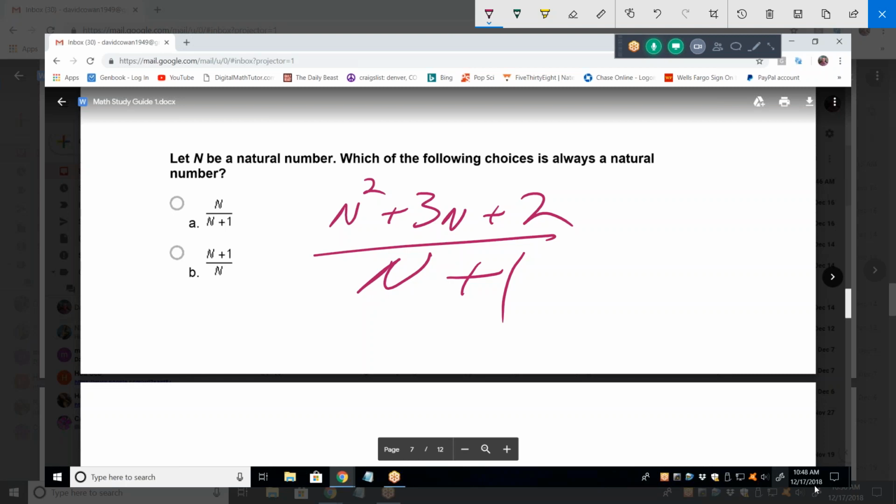In other words, finding out that 2 works does not prove this. It says it's always a natural number. So if we were going to prove this was the correct answer, we would have to try 2, 3, 4, 5, basically all the numbers. So there's actually a better way to do this. Factor the numerator. What do you get?